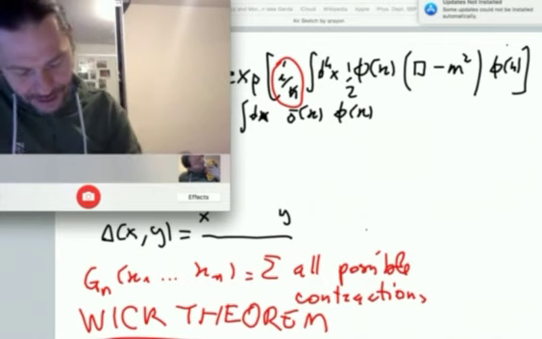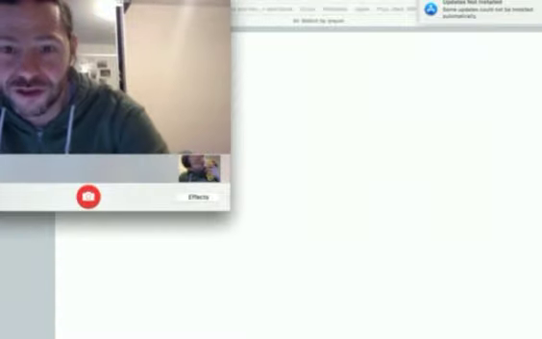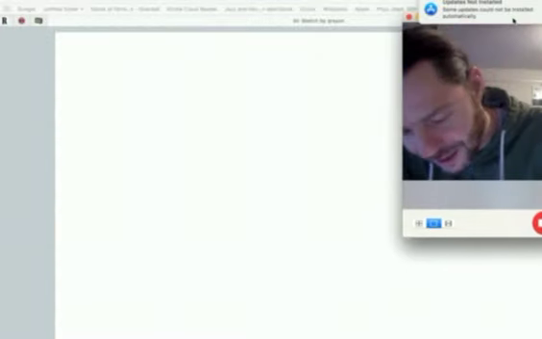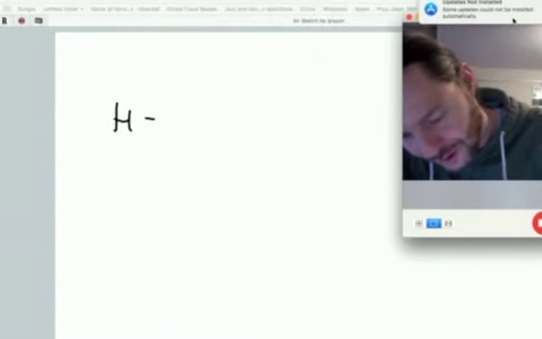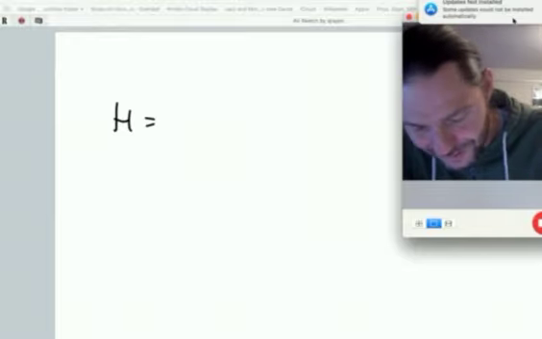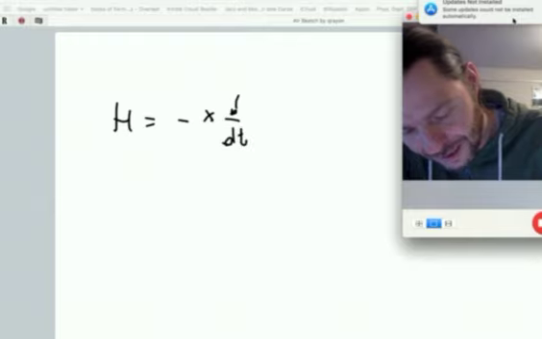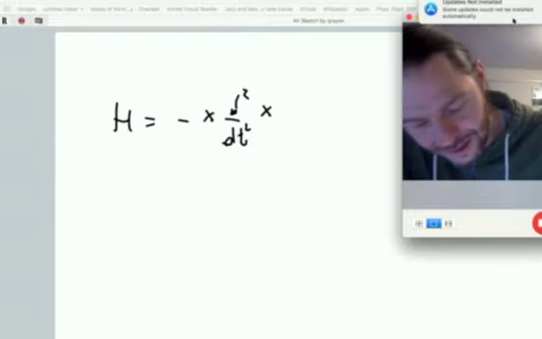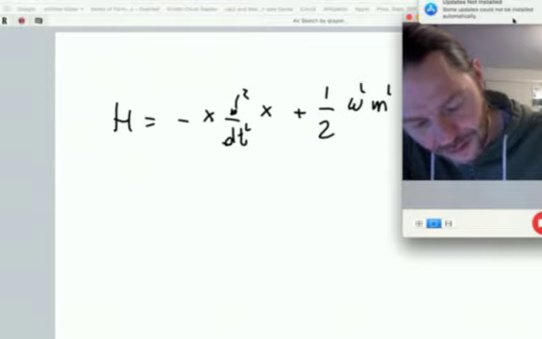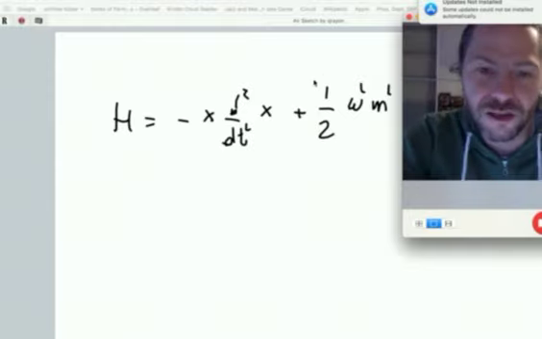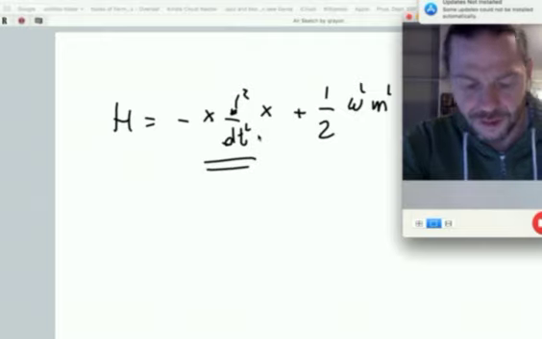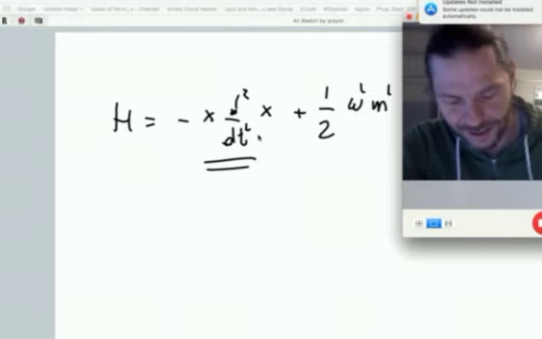Now, what is the harmonic oscillator Hamiltonian? Well, you can define it to be negative x d squared by dt squared of x plus 1/2 omega squared m x squared. I use integration by parts here when it enters into the action, right?